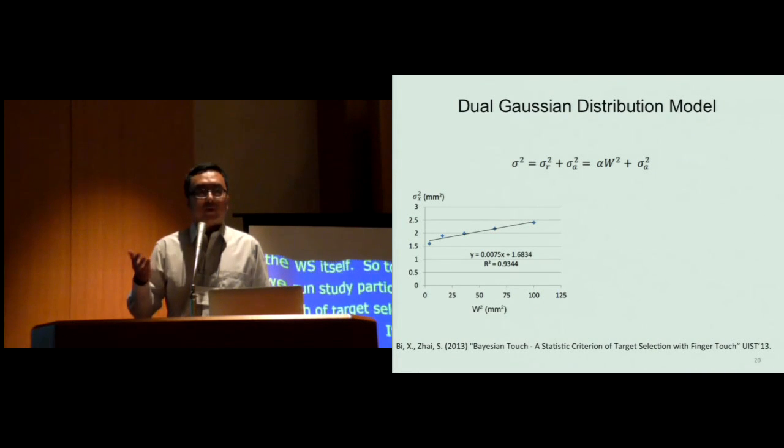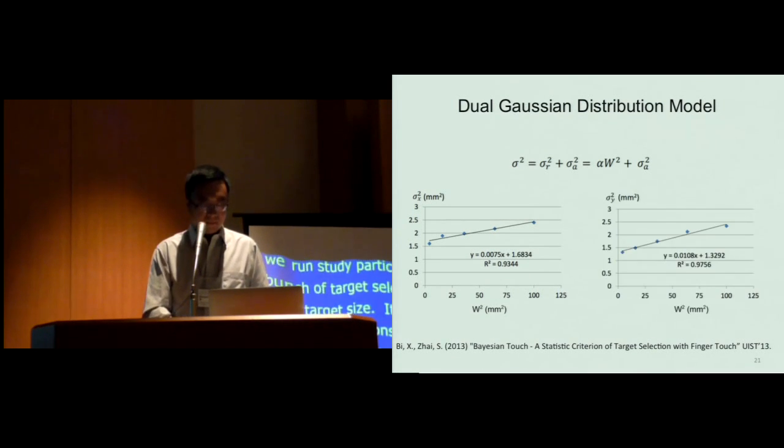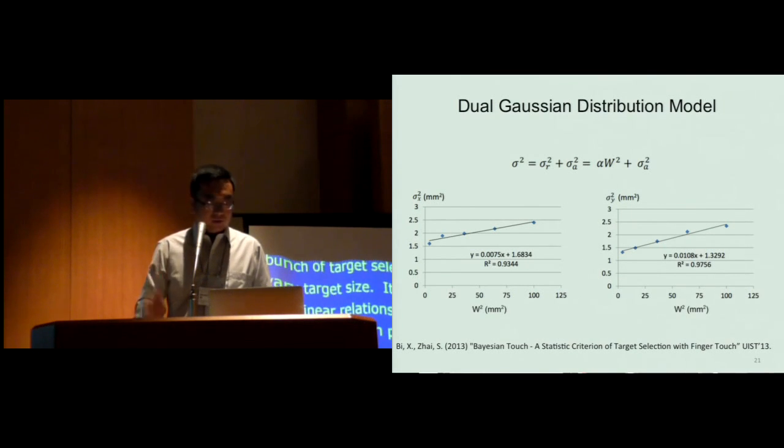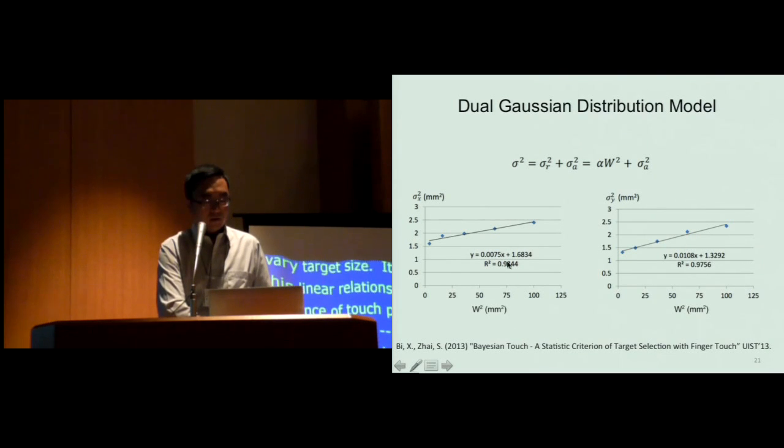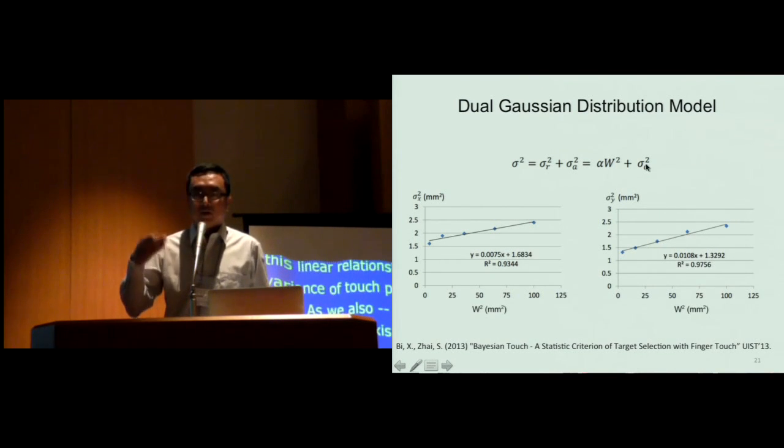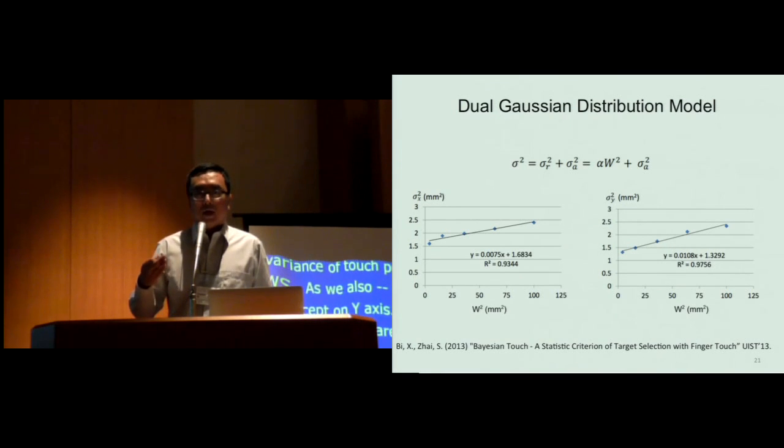It shows the ambiguity of finger touch. And we did a similar study for the y dimension. So these two equations here also give us some estimations of alpha and sigma a, and we can use them to further predict the variance of touch point distributions with an unknown target size.